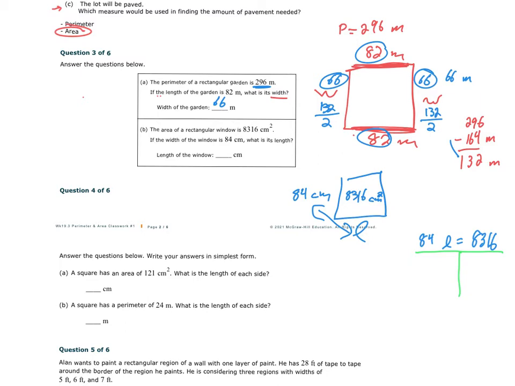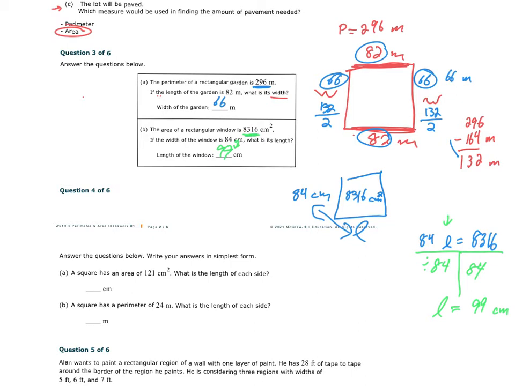We want to isolate the variable, isolate the L, so I'm going to divide each side by 84. So the length equals 99 centimeters. Let's see if that makes sense. 99 times 84 should give you a number close to that. Yep.